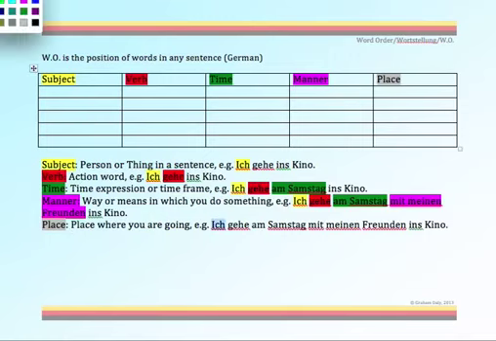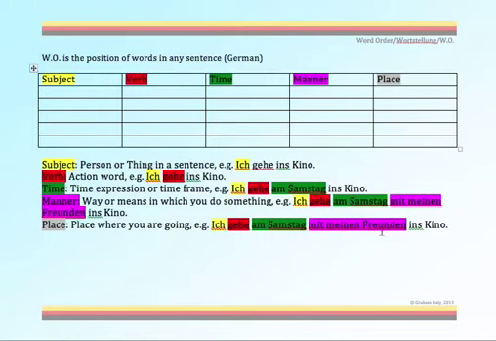It's the ich, because it's the person doing the sentence. Gehe is a verb. It's what you're doing. I'm going. What time are you going at? Am Samstag. The time. With whom are you going there? I'm going with my friends. Mit meinen Freunden. And lastly, the place. Where are you going? Ins Kino. Now, ins Kino is in das Kino, but it's shortened to ins Kino.